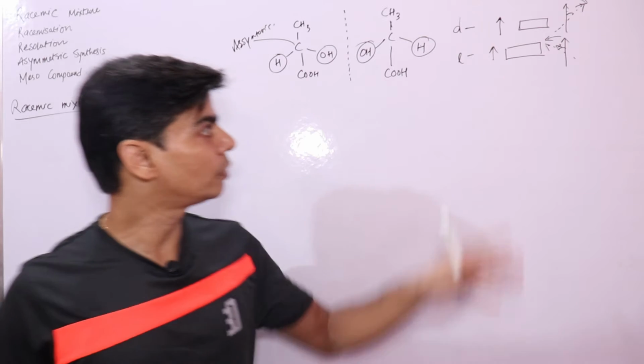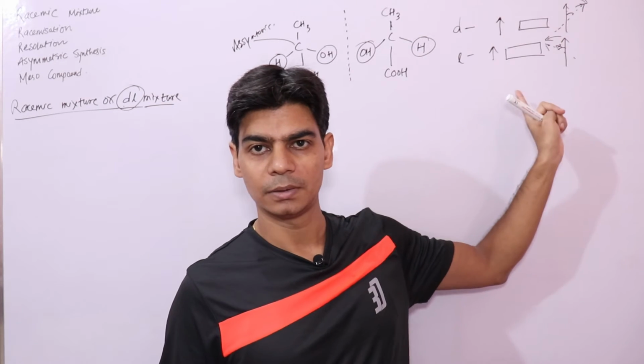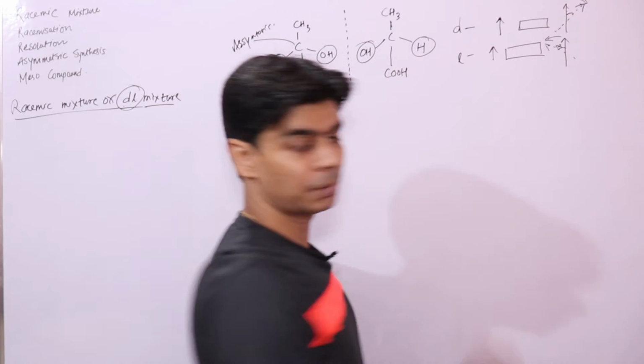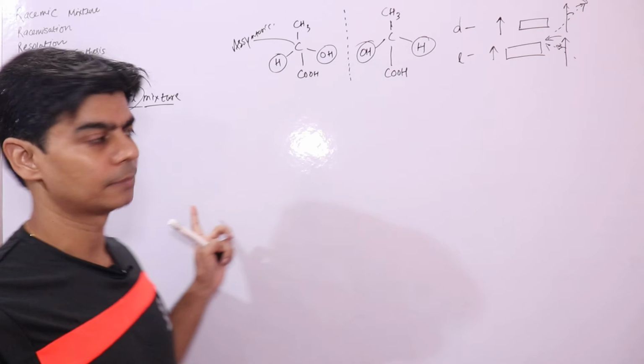That means the plane of polarized light will not be rotated by an angle towards right or left, right? The plane of the plane polarized light will remain the same after crossing the racemic mixture. Why?